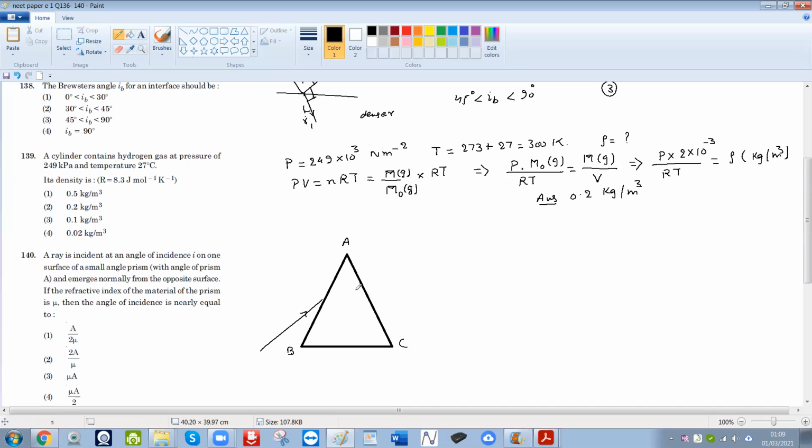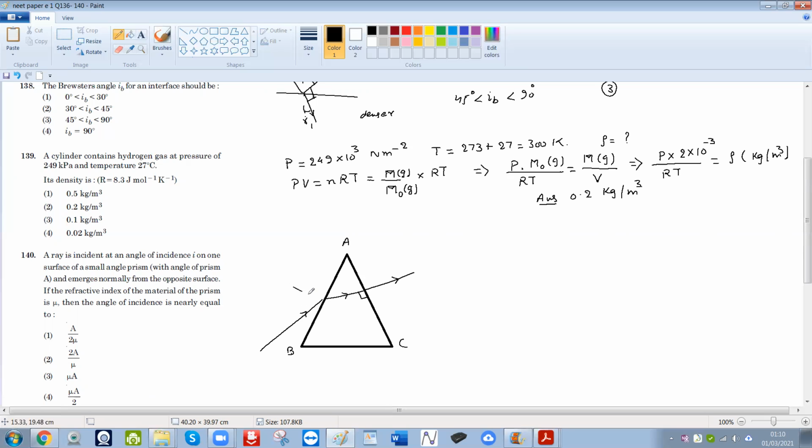For it to emerge normally from the opposite face, it must be striking the face AC at 90 degrees so that it can emerge normally from this face.